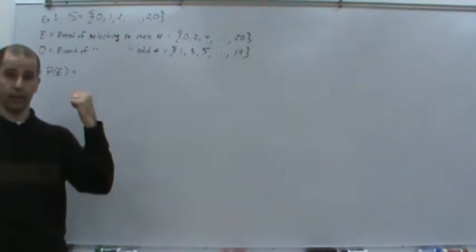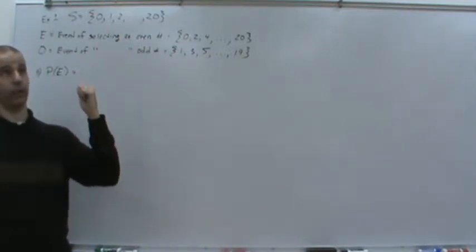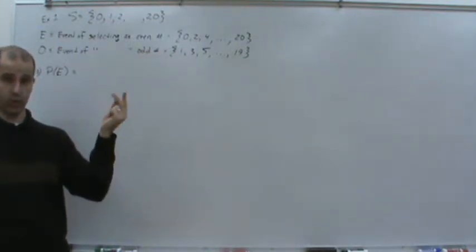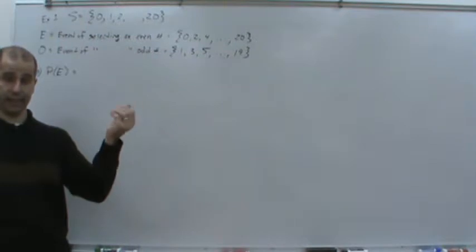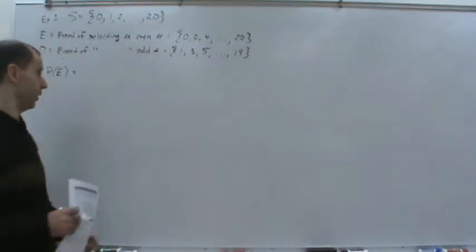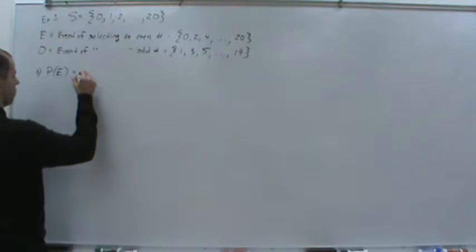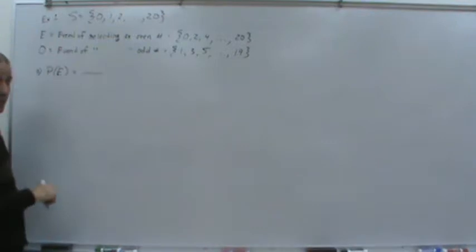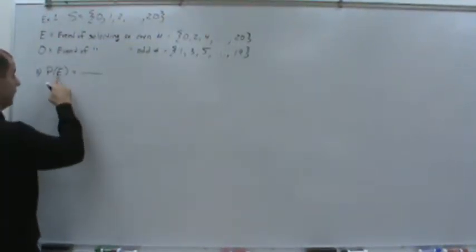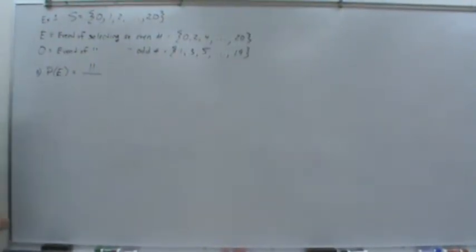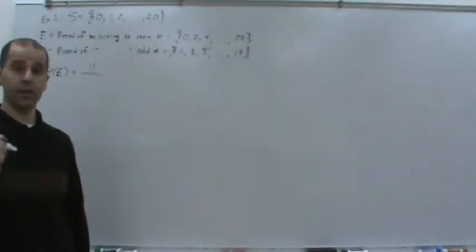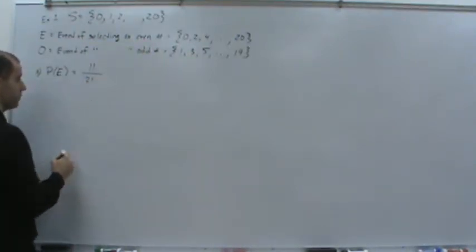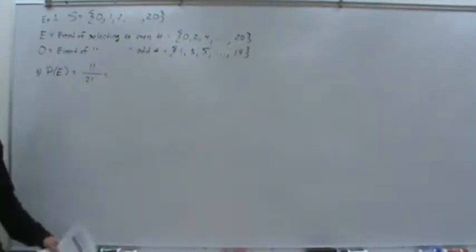Oh, no, it won't be. Okay, so let's do that again. We have 0, 2, 4, 6, 8, 10, 12, 14, 16, 18, 20. So there's actually 11. I was wrong. So to find the probability of E, how many numbers out of the sample space give me an even number? 11. And how many numbers are in there? 21, because you have to include 0, right? So there's 21 numbers, so the probability is 11 over 21.